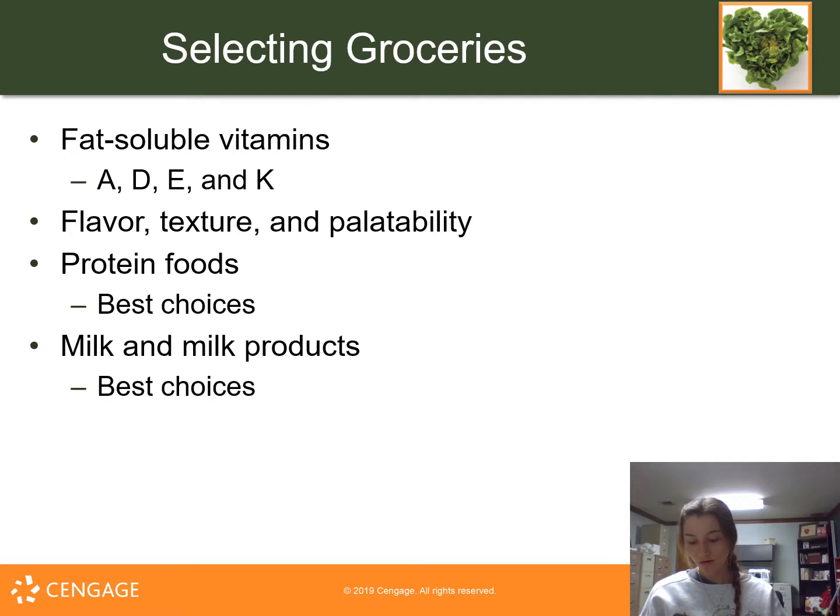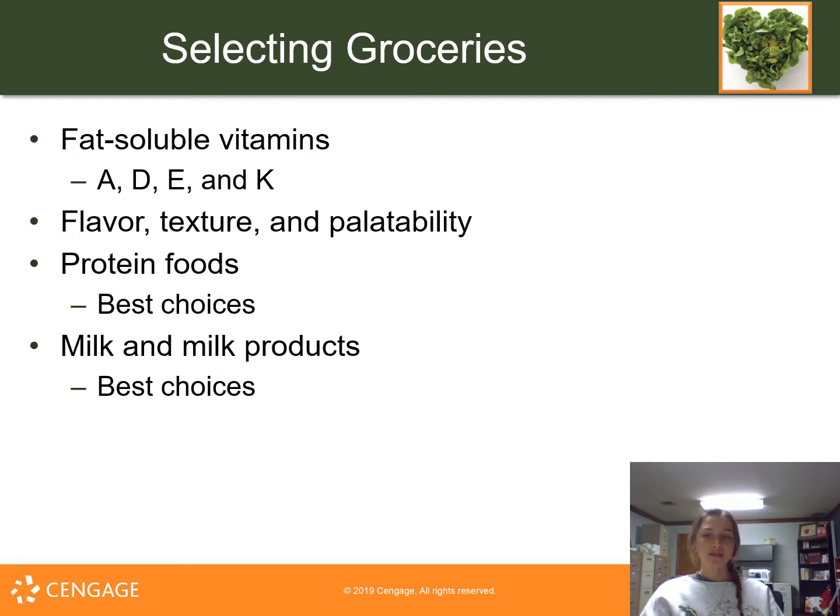When you're making your grocery selection, it is important to remember the best choices of protein are the lean ones that will be lower in their saturated fat content. It's important to buy groceries that have the healthy fat components because fats can also provide sources of fat-soluble vitamins, A, D, E, and K, which are very important to your health as well.